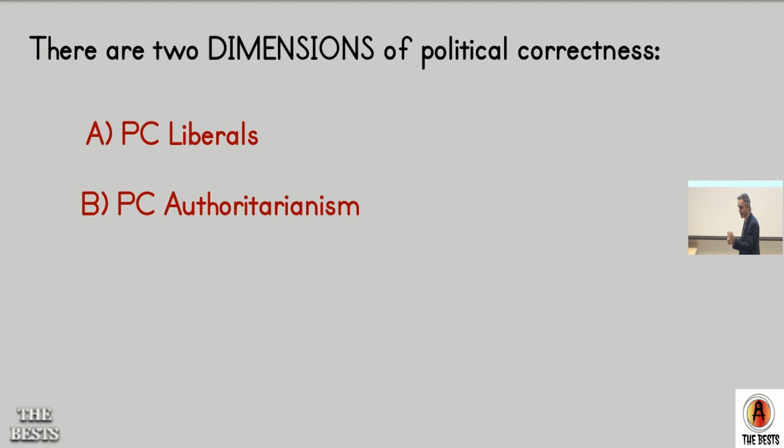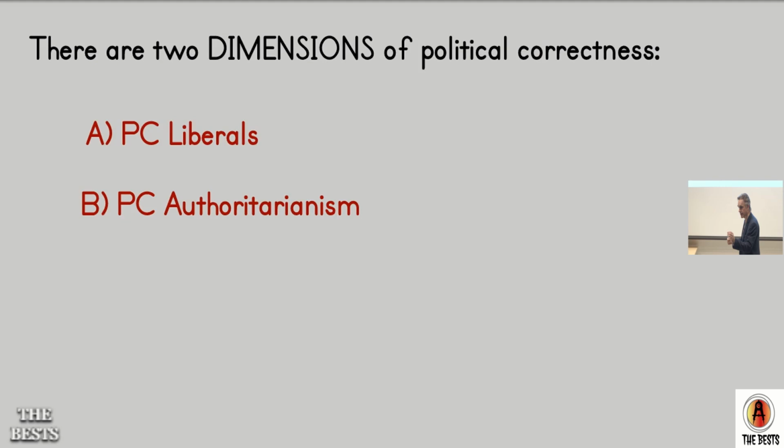We found that there were two dimensions of political correctness. One of them looked like liberalism, except that the people who were politically correct, in addition to being liberal, were very high in trait agreeableness. And agreeableness has almost nothing to do with the classic liberal-conservative divide. It's weakly related in that liberals are more compassionate than conservatives.